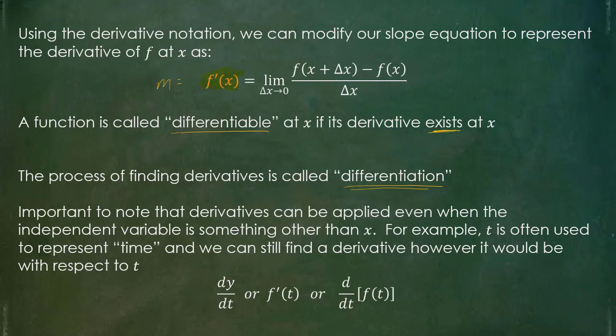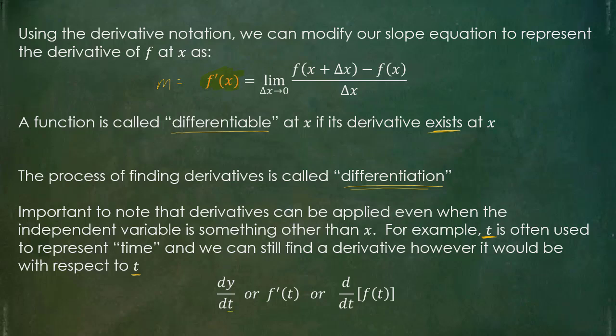It's important to note that derivatives don't have to use the variable x. In other words, you can have different variables. In some contexts, you have a function in relation to time, with t as my independent variable, and we can still do that. It's just that when we find our derivative, it would be with respect to t instead of with respect to x. Notice, as far as the notations from the previous slide are concerned, you would just have a small modification.